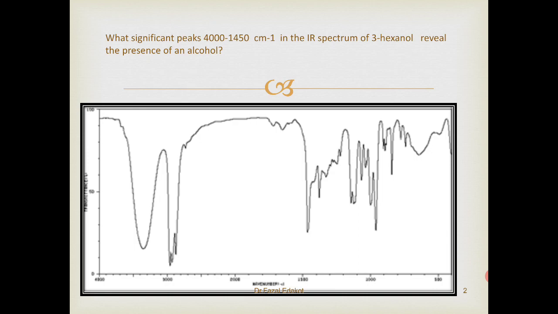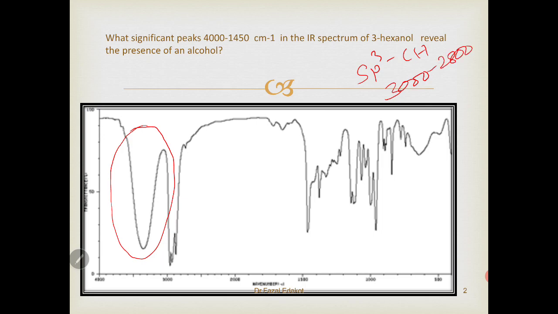So here the notable peak is this one, and we have already discussed the sp3 CH peak appears somewhere between 3000 to 2800 per centimeter. Of course that peak will be here, and along with that you are seeing this particular strong broad peak. It comes somewhere around 3350.